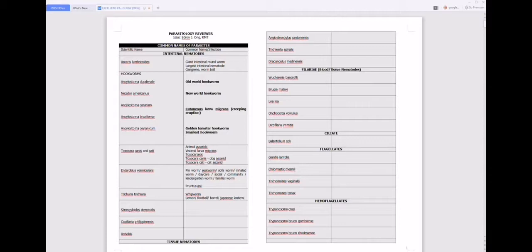So lemon, football, barrel, Japanese lantern, these can all be used to describe the eggs of Trichuris trichura. So when the exam says a barrel-shaped egg, a football-shaped egg, you will be having a clue kung ano ba talaga yung parasite na tinutukoy sa question. Okay?